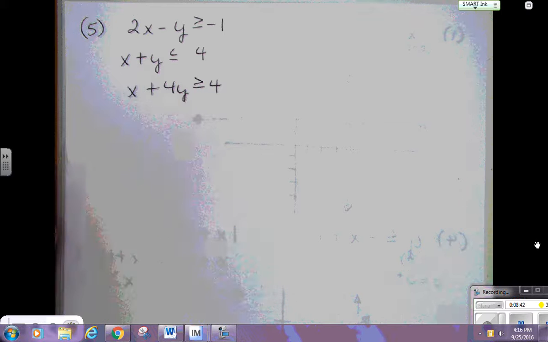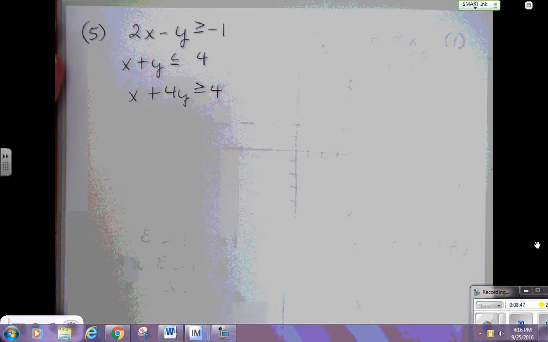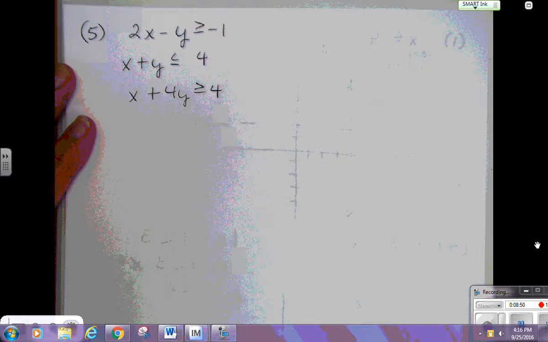I like to rewrite mine in slope-intercept form, so if you guys want to do that to help you graph it, then that's fine.